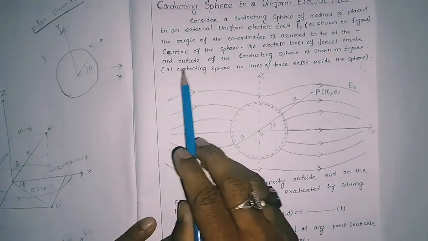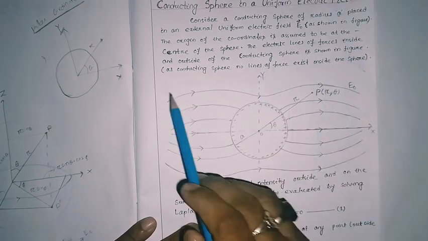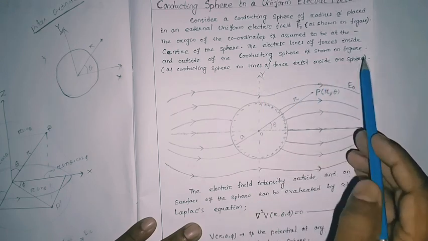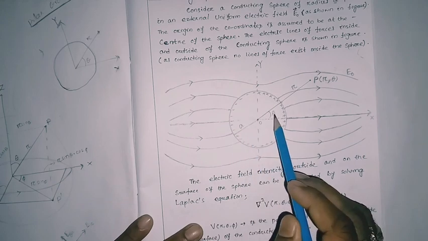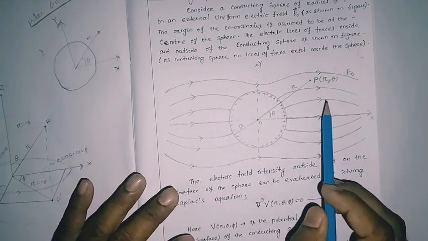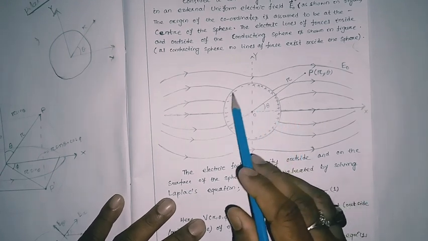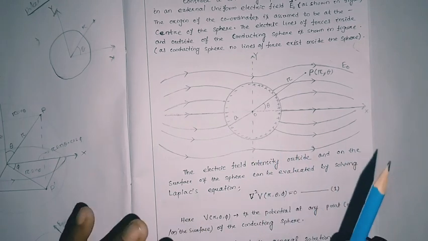Now, the lines of force outside the conducting sphere are shown in the figure. As for the conducting sphere, no lines of force exist inside the sphere, so we have not drawn any lines of force inside. We can only find the lines of force outside, and their structure will be as shown in the figure.